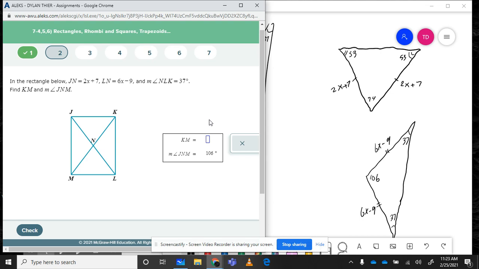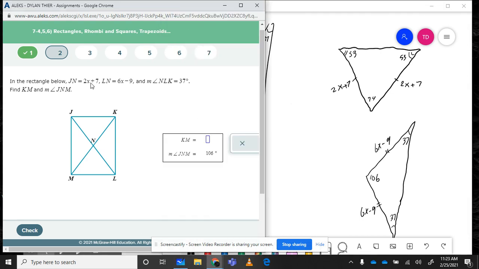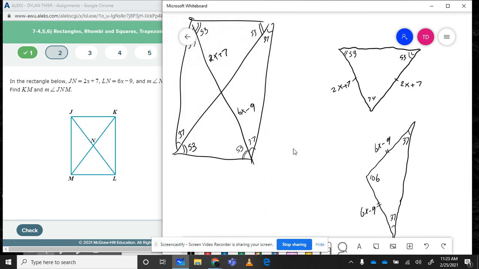We know that it should be 8x minus 2. But how are we going to figure out what the x is, that's the question. We don't know anything else. We don't know the side length, so we can't use Pythagorean theorem.